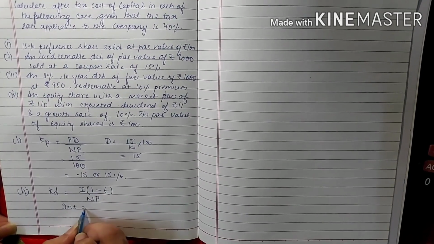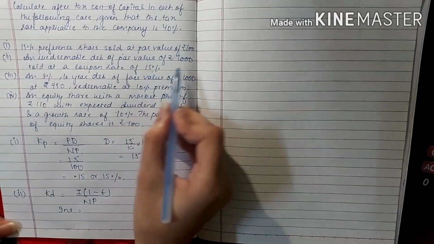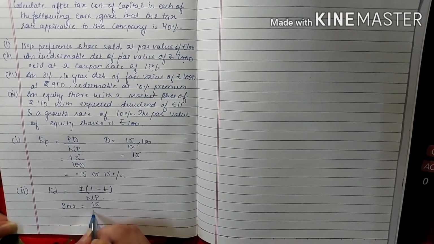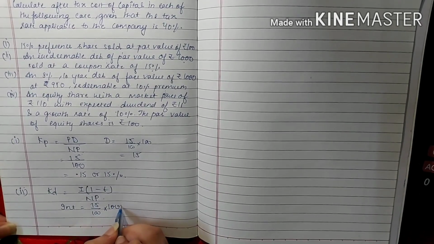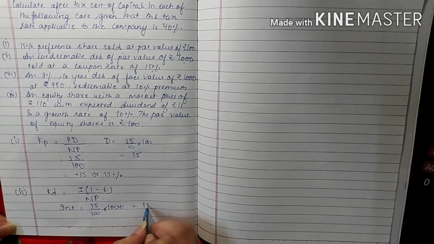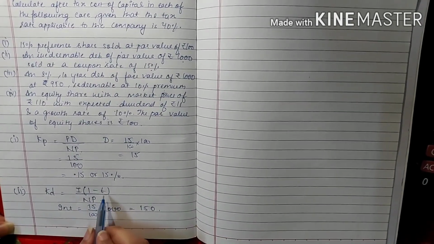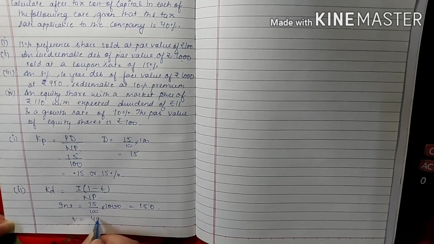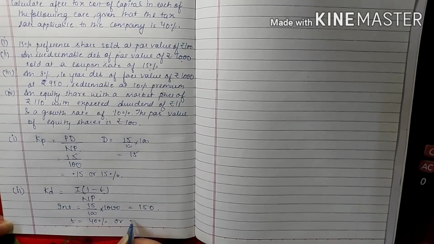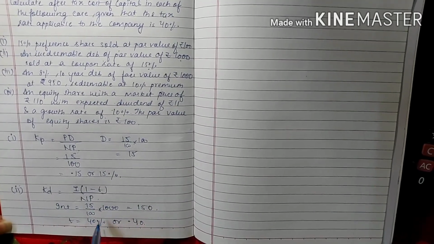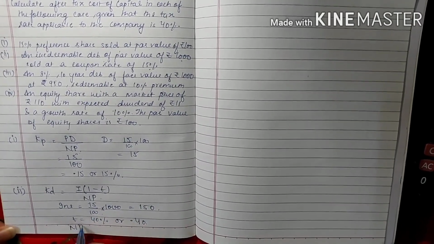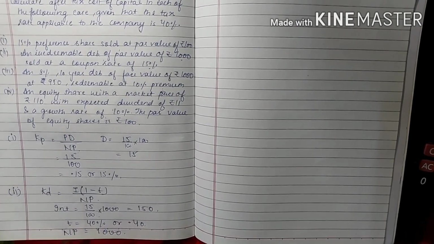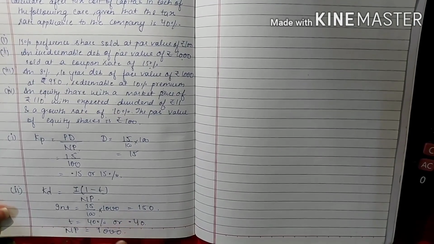Interest is 15% of rupees 1000, which is equal to 150. Now tax rate is 40% or 0.40, and net proceed is rupees 1000.